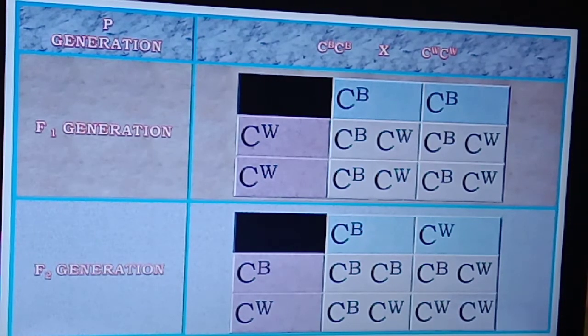The phenotypic ratio in the F2 generation is 1 black, 2 blue, and 1 white, or 25% black, 50% blue, and another 25% white.